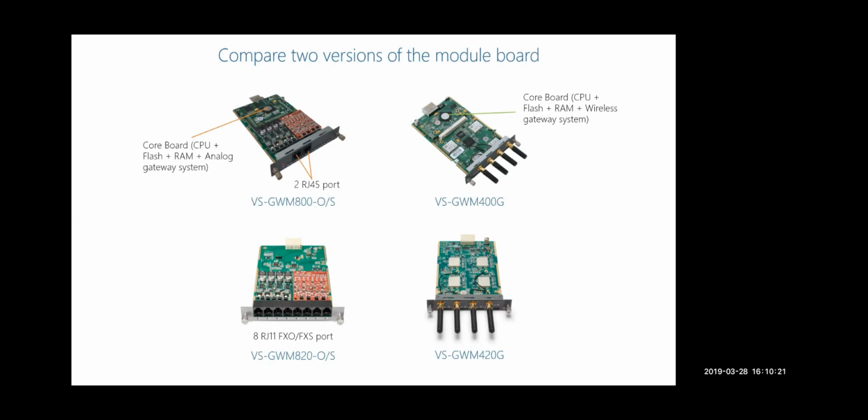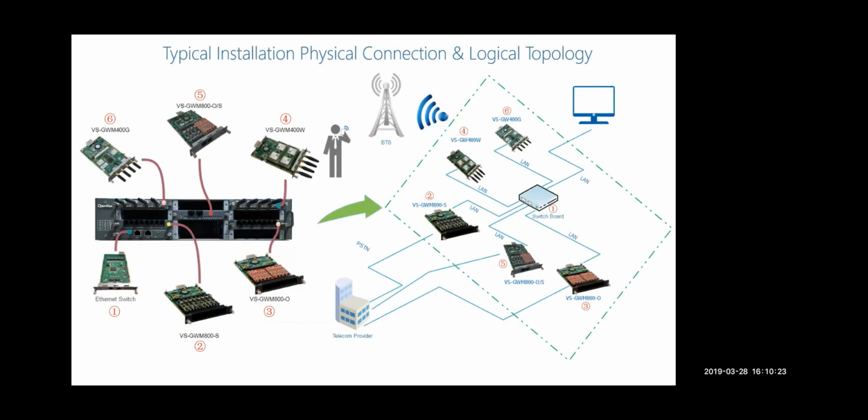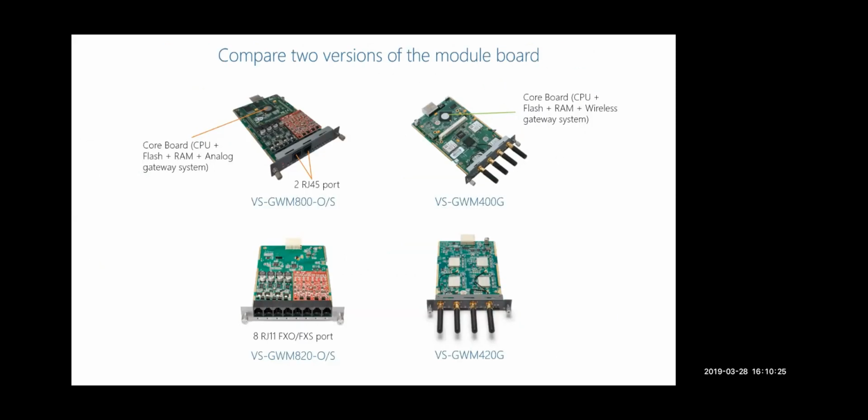Below are the upgraded VS GWM 820 series analog gateway modules and the VS GWM 420 series wireless gateway modules. The new generation modules add a USB bus for connecting the USB hub chip on the control board.